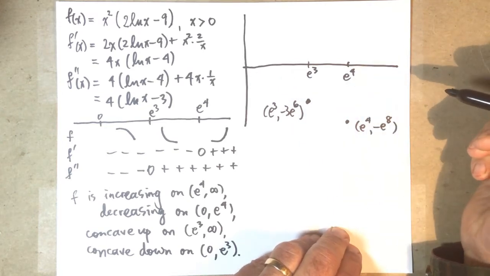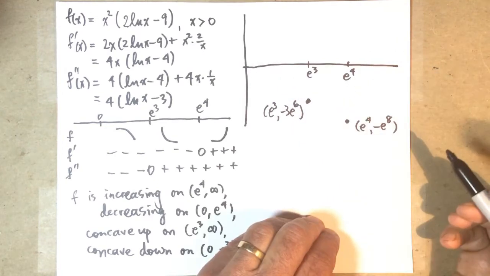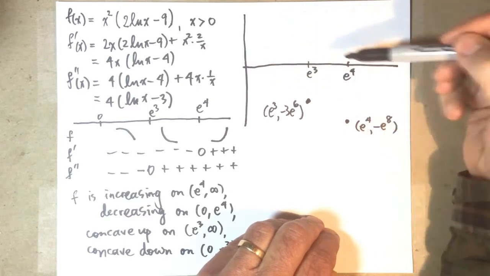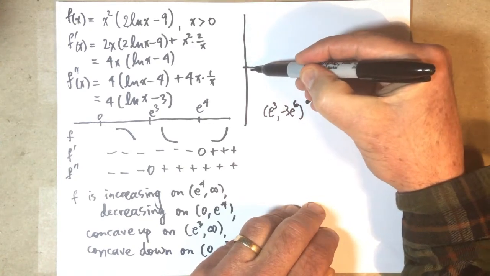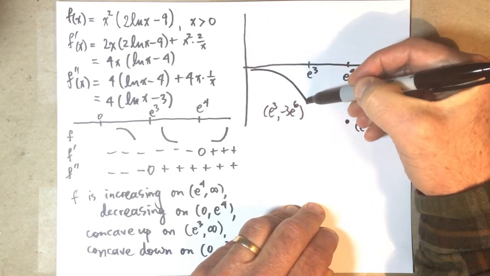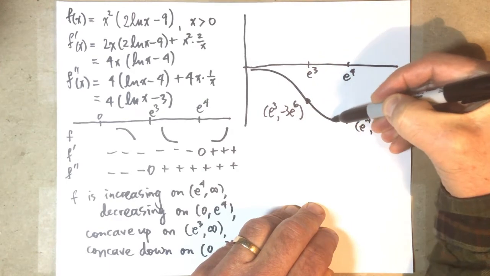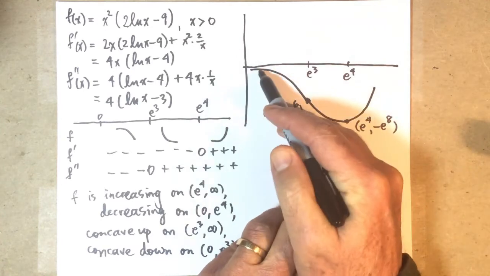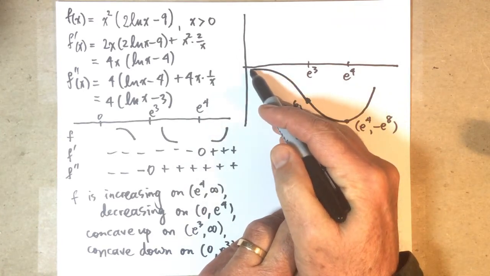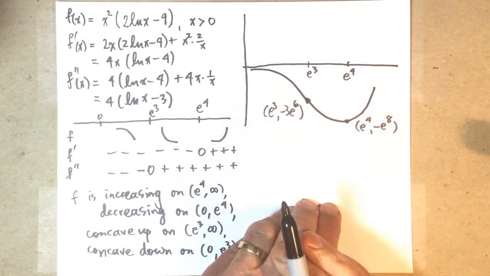This is an example that's actually easier to do by hand, and certainly the x-axis and the y-axis have very different scales in order to be able to see what's going on. The graph starts out decreasing concave down, switches to decreasing concave up, and beyond this point it's increasing concave up. Now, what's happening on the left end of the graph, I'm going to come back to that issue in a moment.